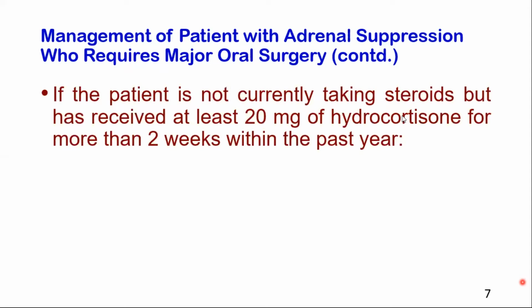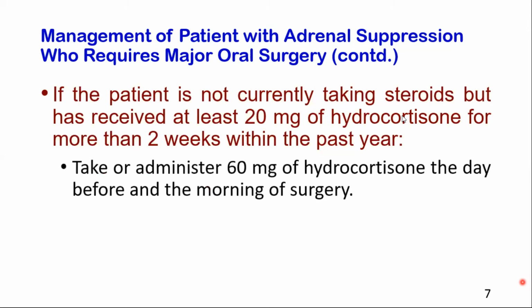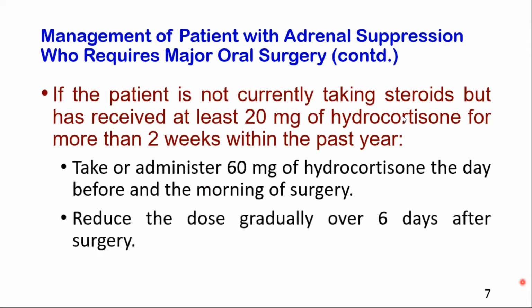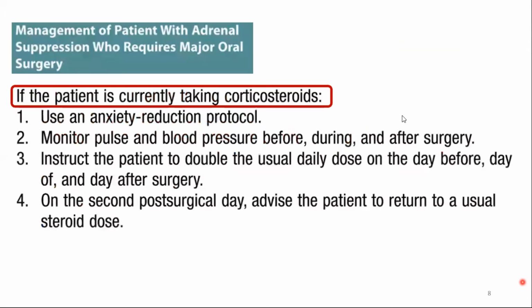For patients who have taken steroids recently but are not currently on them, a specific steroid regimen is necessary. This involves taking 60 milligrams of hydrocortisone before surgery and gradually reducing the dose after the procedure to prevent complications.